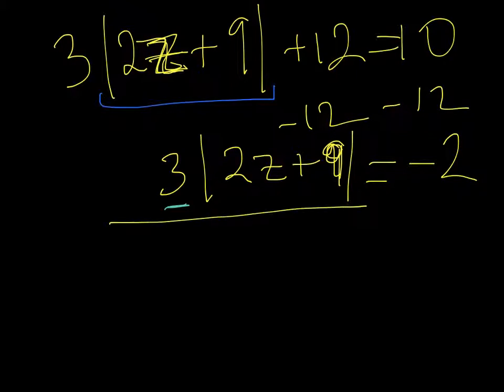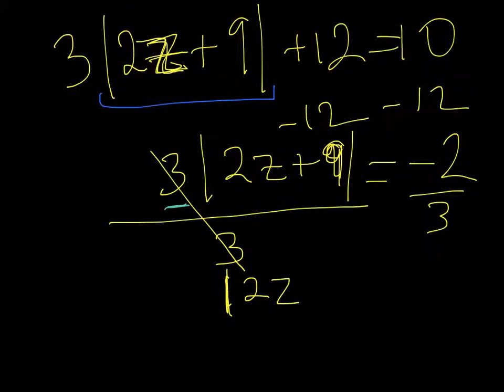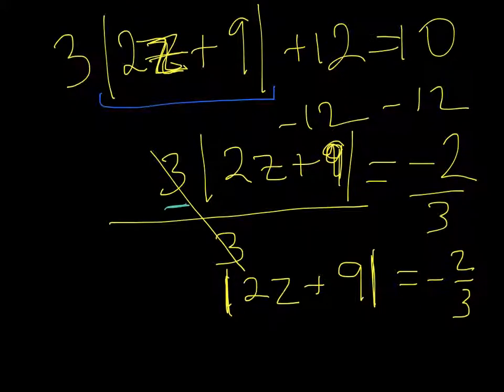So now, just as if this were parentheses here, we divide by 3, those simplify, and we're left with the absolute value of 2z plus 9 equals negative 2/3. Okay, so now you're going to solve this, but wait, it's a negative. So then you stop.